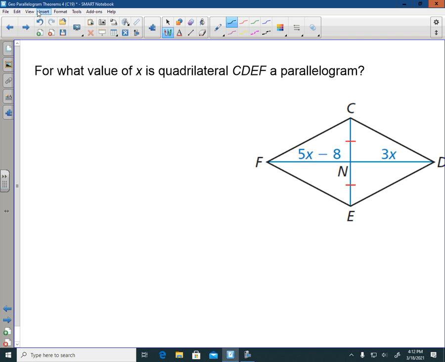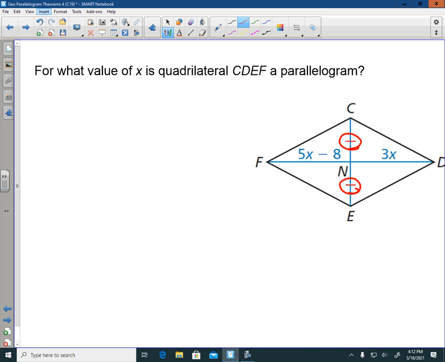Well, we don't know about that. The last one that we talked about was if the diagonals bisect each other, then it's a parallelogram. So it looks to me like this relationship suggests that FD bisects CE, so we're in good shape.